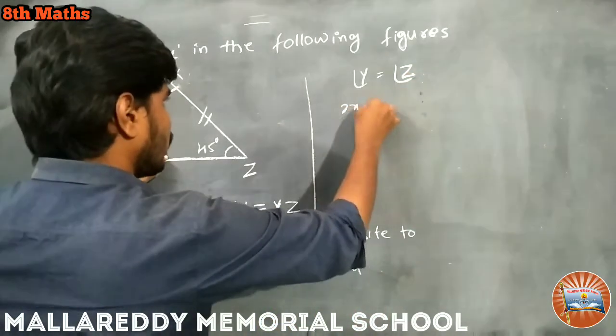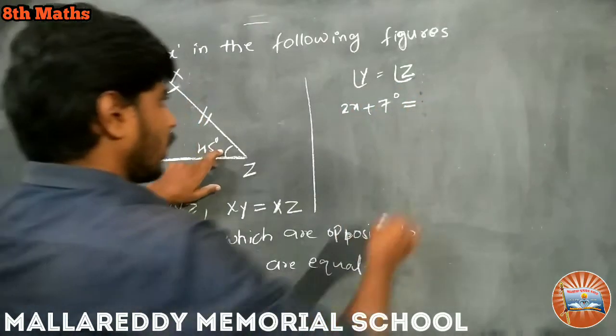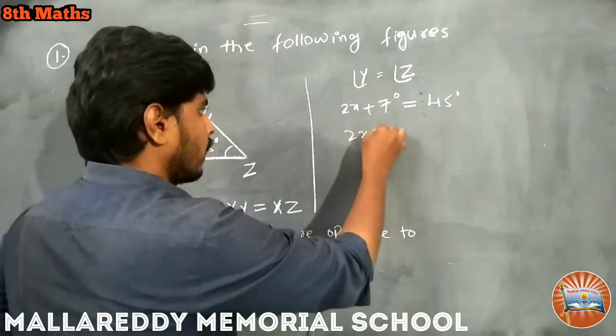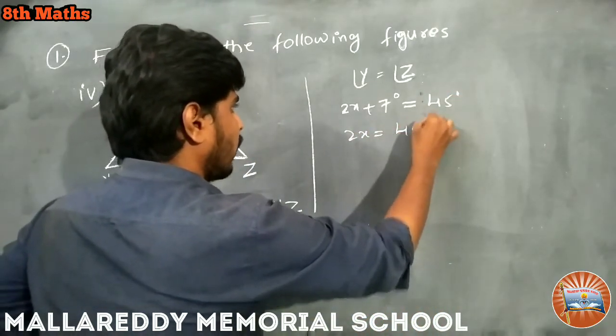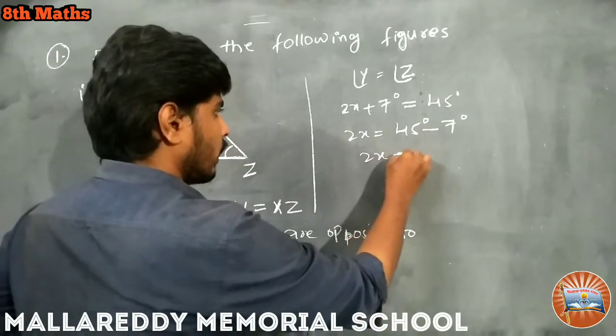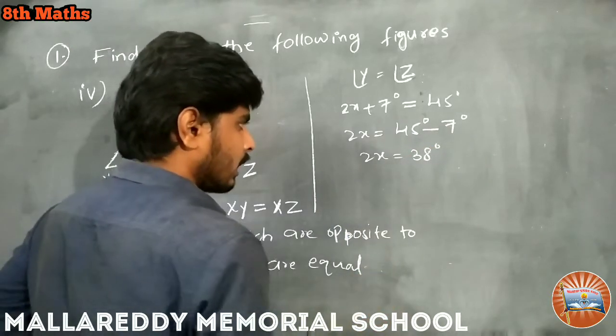That is 2x plus 7 degrees. It is equal to angle Z, 45 degrees. Now 2x is equal to 45 degrees minus 7 degrees. So 2x is equal to 38 degrees.